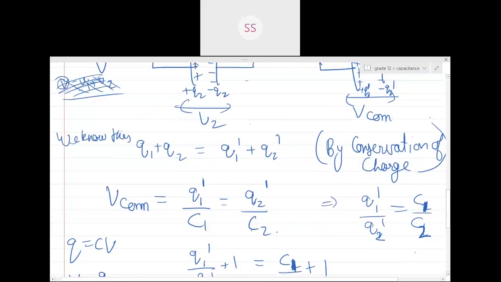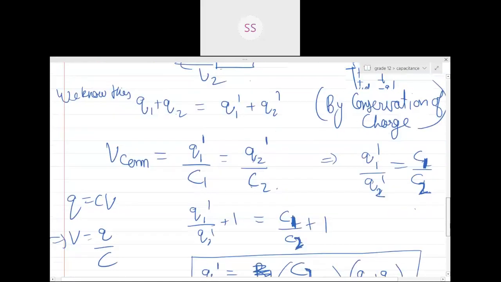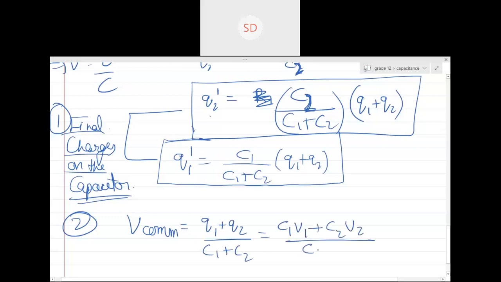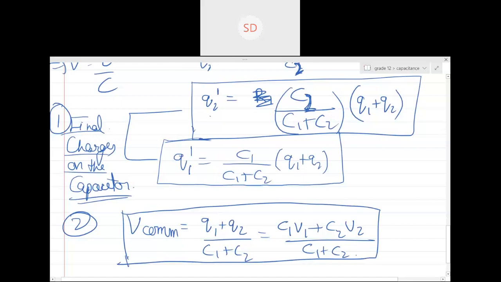If I divide this by C2, will the C2 get cancelled? It will be only Q1 plus Q2 divided by C1 plus C2. Or if Q1, Q2 is not given and the potential is given, can I write (C1V1 plus C2V2) upon C1 plus C2? This is the second set of formulas, which gives you the common potential.